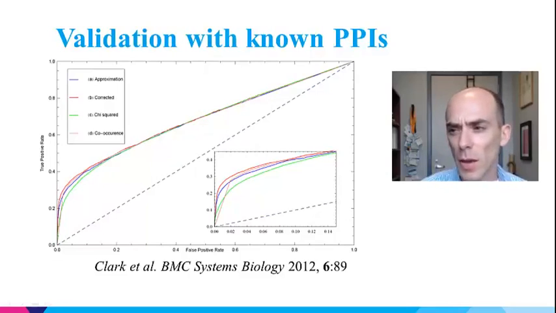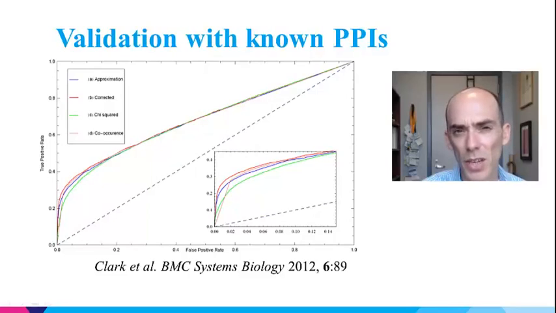You can see that the method predicts many known interactions for those protein pairs that have very high predicted interaction score.